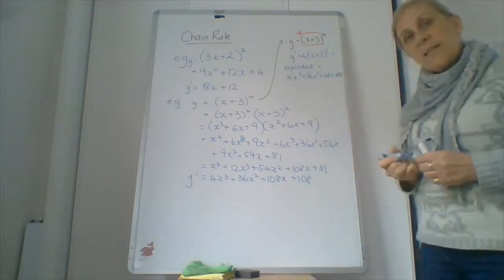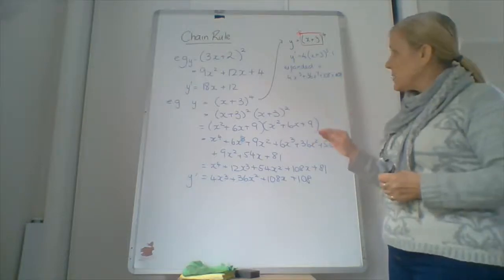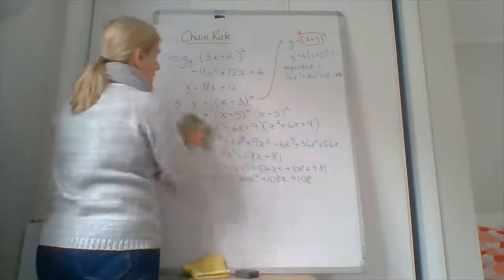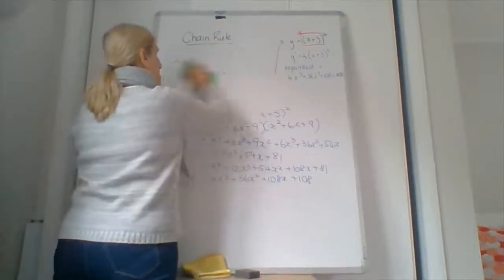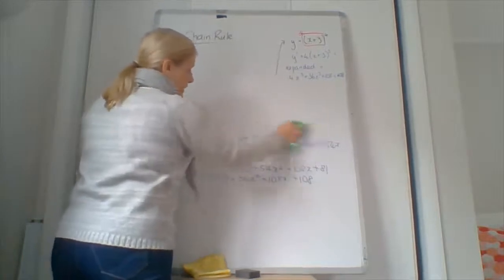So that's how it works, but what we need to be able to do is multiple of them. So I'm just going to rub this side out. We're going to have a look at a harder one.